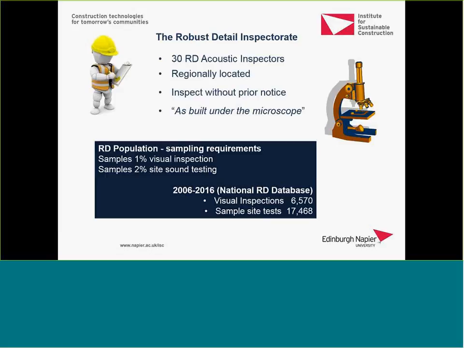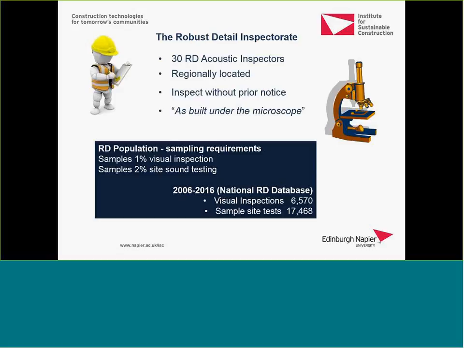In general effect, most site inspectors will be going through 6 or 7% of all plots which are registered during that visual inspection, because they look at the key stages that are going on in the build. We are also required to sample sound test at least 2% of the types of Robust Details annually.